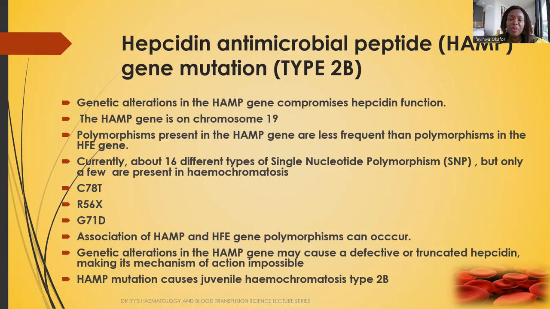Genetic alteration in the HAMP gene may cause a defective or truncated hepcidin, making its mechanism of action impossible. Remember that hepcidin antimicrobial peptide mutation causes juvenile hemochromatosis type 2B.